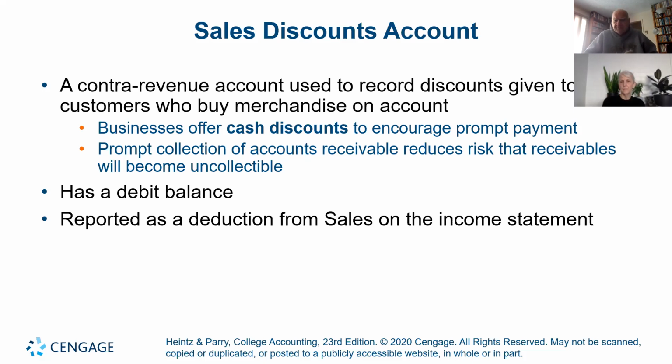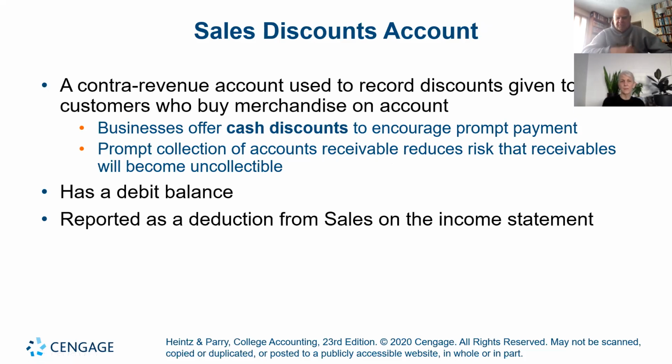What we're talking about here is a very specific discount offered by sellers to customers to encourage them to pay early. So we want to get our money quickly, and we're willing to give away a few points to do that. Prompt collection of accounts receivable reduces risk that receivables will become uncollectible.